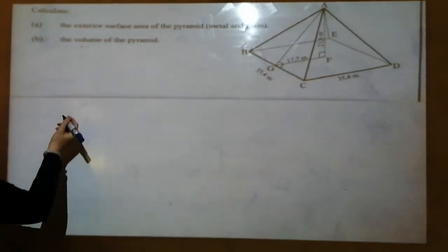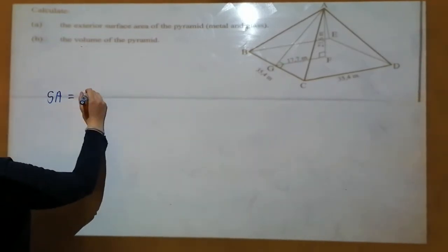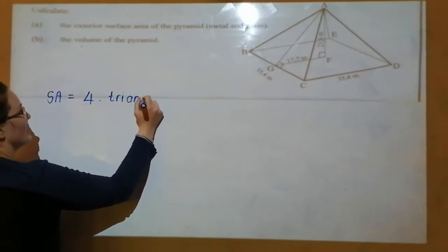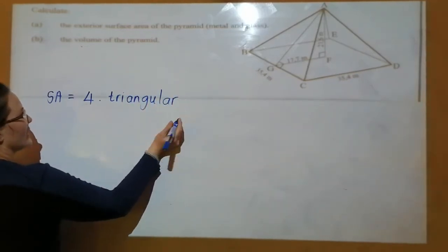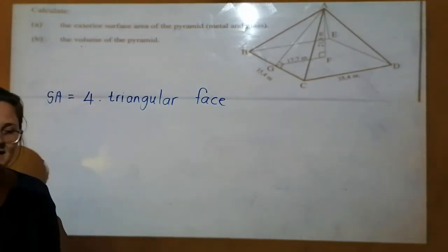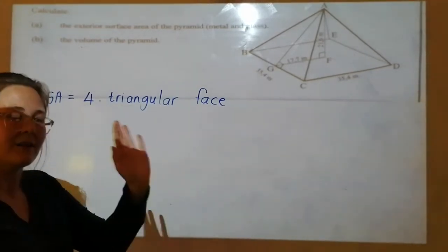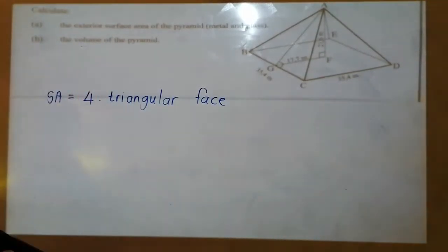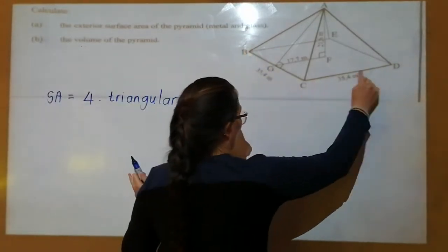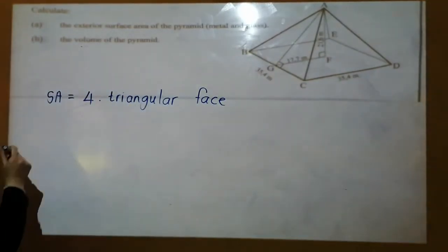So the surface area is just going to equal 4 times the triangular faces. I'm saying 4 times the triangular faces because all 4 of these are exactly the same. If it was a rectangle, that wouldn't be the case. If it was an octagon or a pentagon, those may be the same, but this 4 comes because this is a square. Triangular faces are exactly the same.